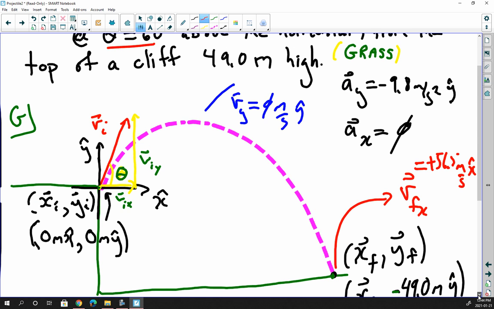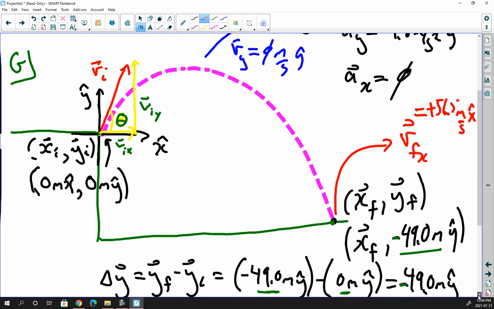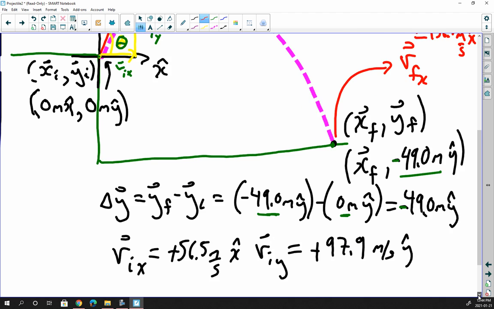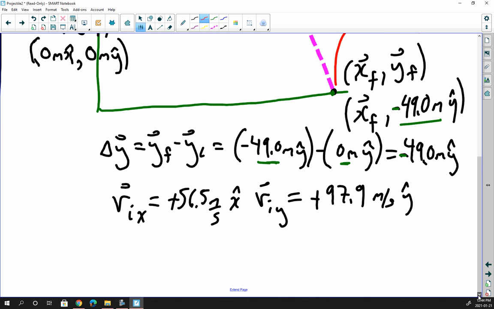So that's what we're going to do. So here is my velocity initial. I need to find out what velocity initial X hat is, and I need to find out what velocity initial Y hat is, knowing the angle and the magnitude of the entire vector.